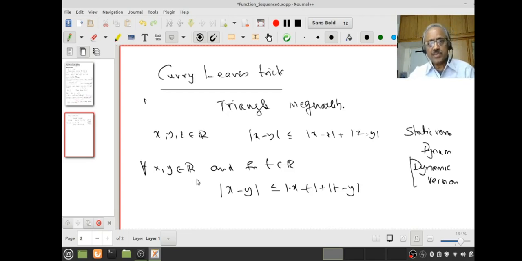Most often, as I keep saying, analysis means I have to estimate something. Suppose I want to estimate mod x minus y, a better upper bound for that. Maybe I want to say mod x minus y is less than epsilon for some given epsilon. I may not be directly able to prove that, but I can find an intermediate t, so that I know how to estimate mod x minus t and mod t minus y.